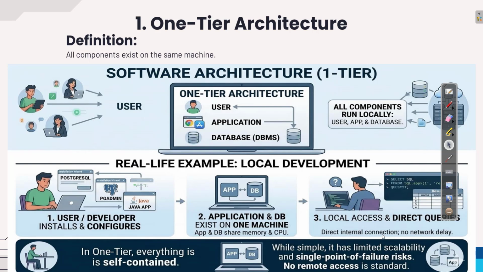All components exist on the same machine. For example, here, as a user, you have installed the database, PostgreSQL. You have installed the pgAdmin tool, which is used to view the database, tables and all these constraints. And you have installed the application, Java or any other application, on the same machine.